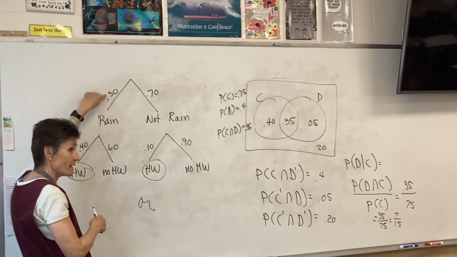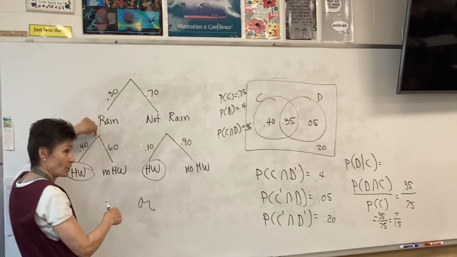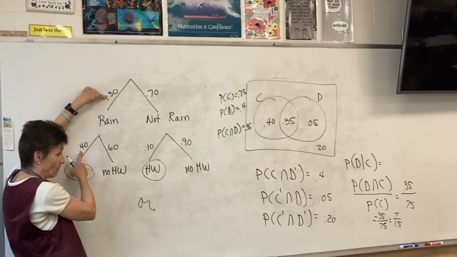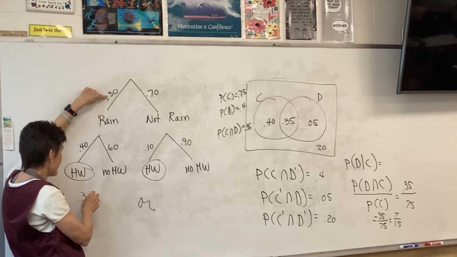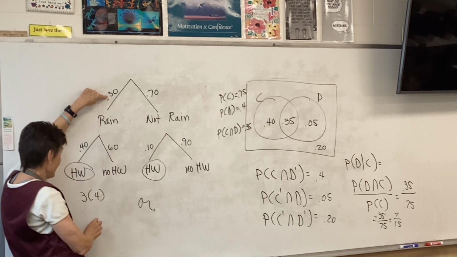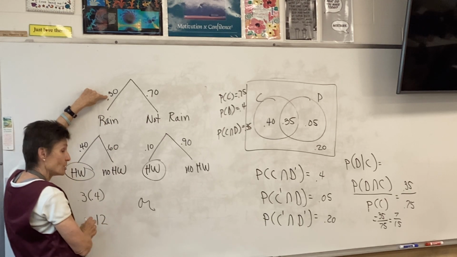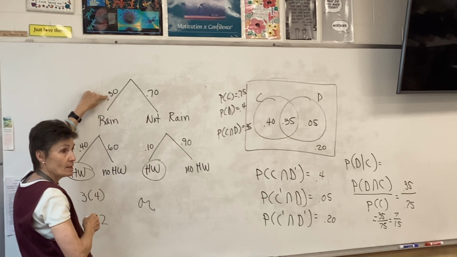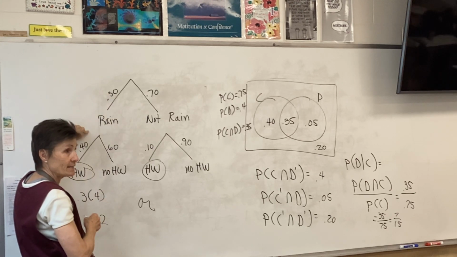So guess what I'm gonna do with these two numbers? I'm gonna multiply them. The probability of that happening is 12%, 0.12. I multiply those because it is raining and he's doing homework.